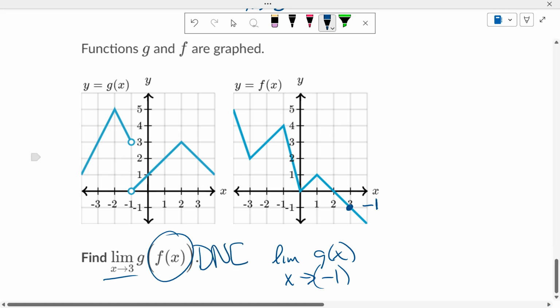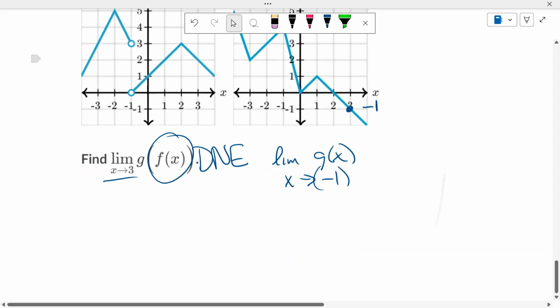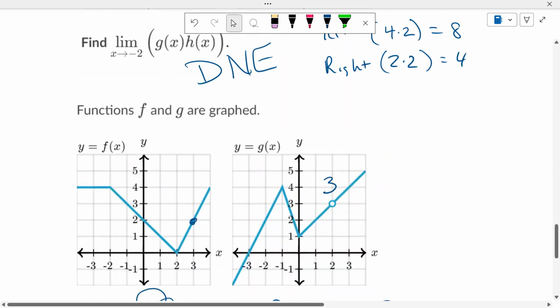Does not exist. Because the limit here is 2 different numbers. It approaches 2 different numbers. It does not exist. Okay? Because you have to go from this graph over to this graph because we're going f of x, find that answer, and then do the g of x. It's not both graphs at the same time like adding and subtracting. That's a composition of functions. Okay.